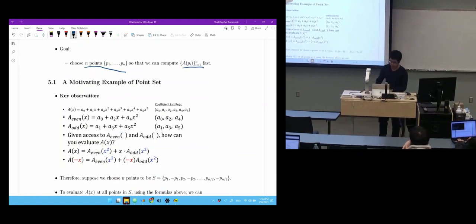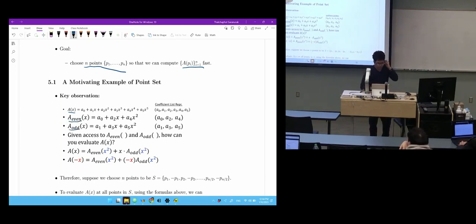Now, we will not go to the final solution yet, but let me tell you a motivating example. Let's say A is this polynomial. I can define A even and A odd.